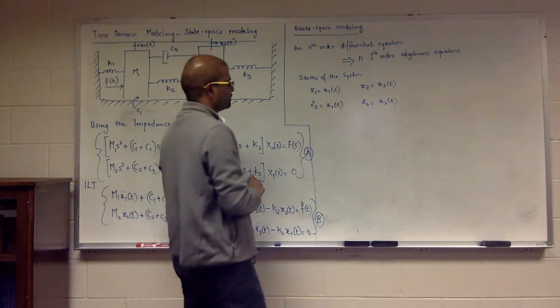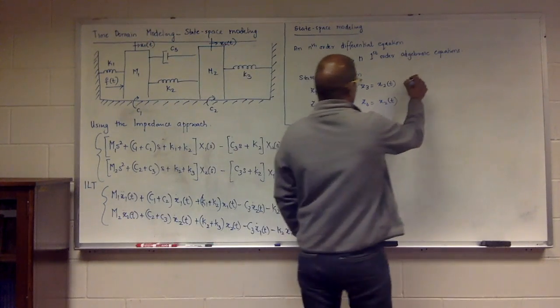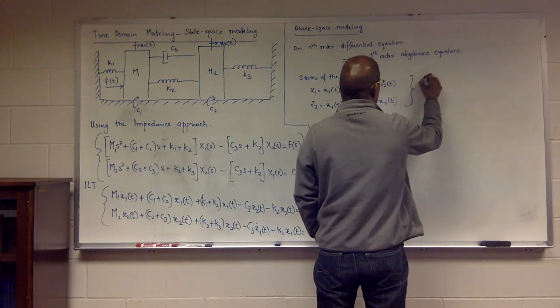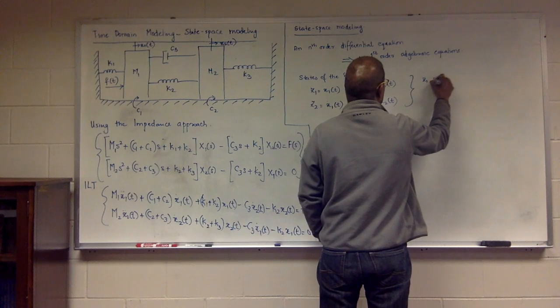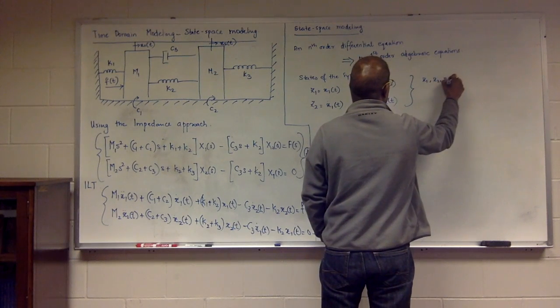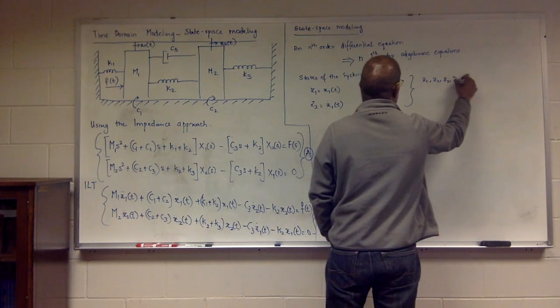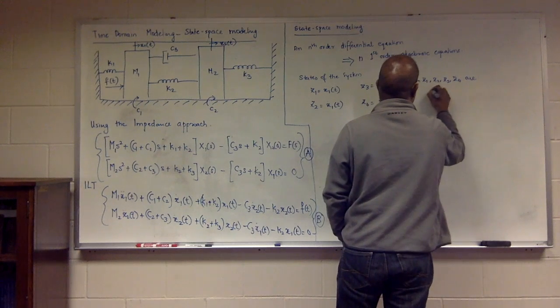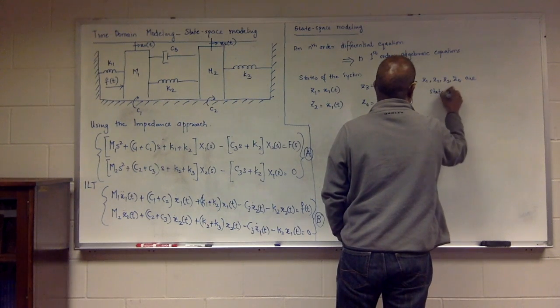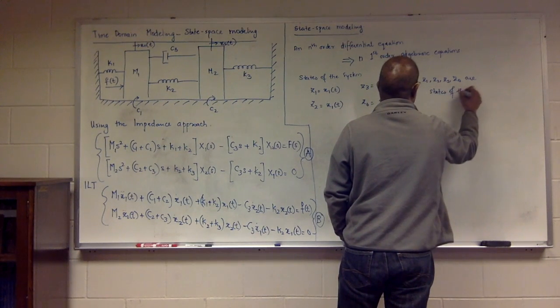These are the states. z1, z2, z3, z4 are states of the system.